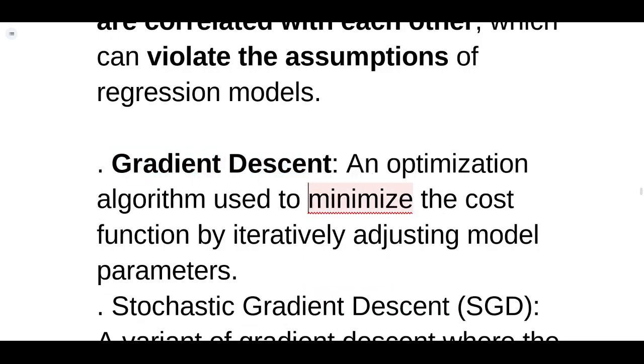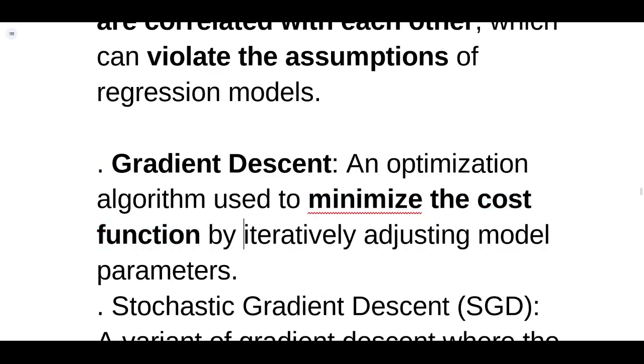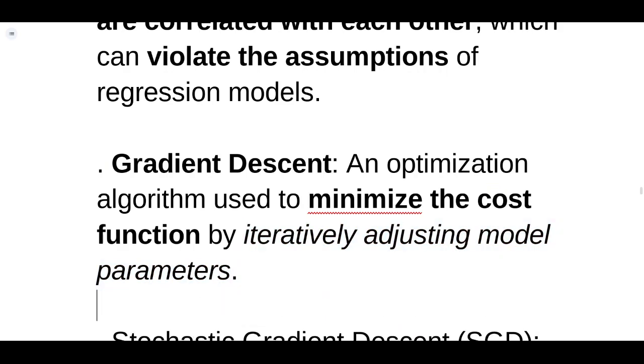Gradient descent is an optimization algorithm used to minimize the cost function by iteratively adjusting model parameters.